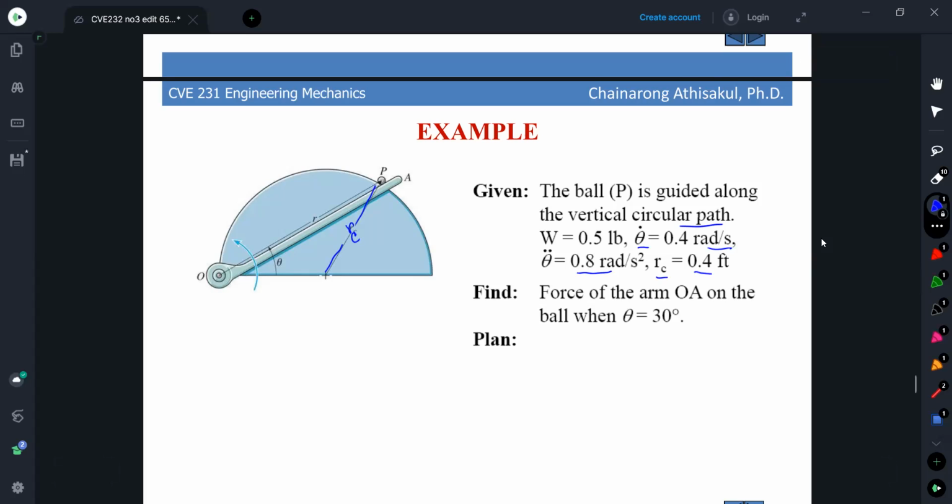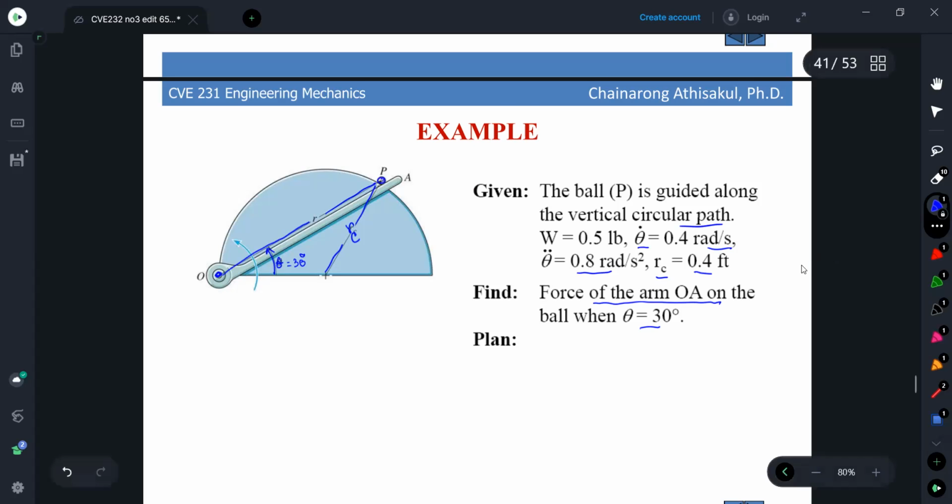But r is measured from the fixed point O to the particle P over here. We would like to determine the force of arm OA on the ball when theta equals 30 degrees.